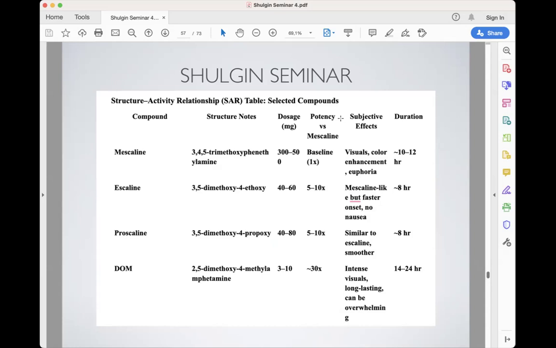So then we have alkylphenylisopropylamines, and they include DOM and other derivative compounds. There is a huge chapter on DOM. Then there are other compounds from this family like DOET, DOPR, and so on.